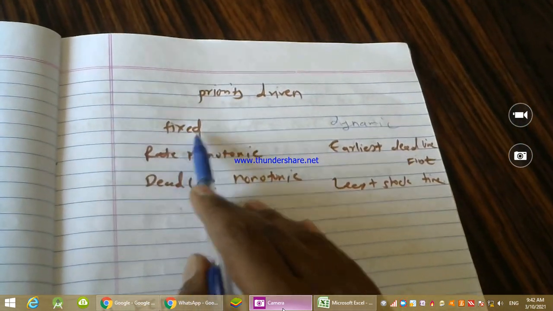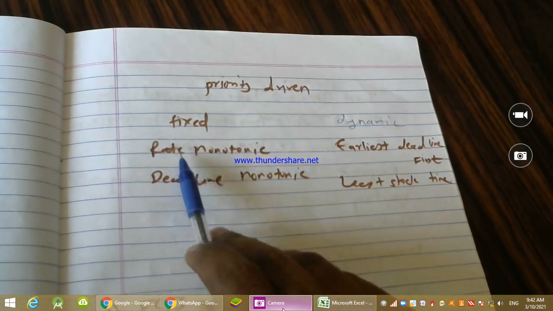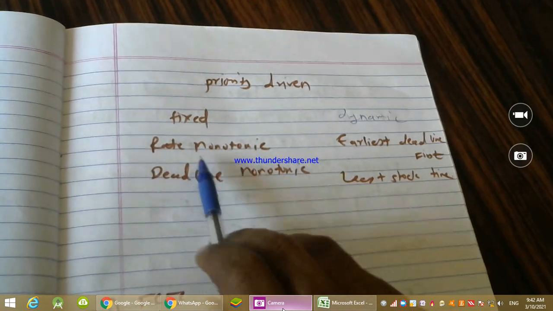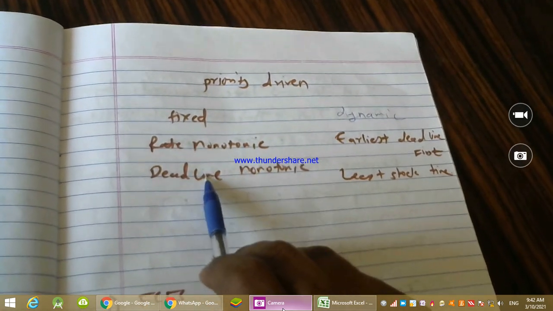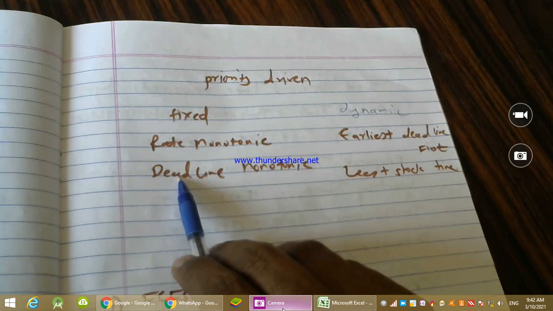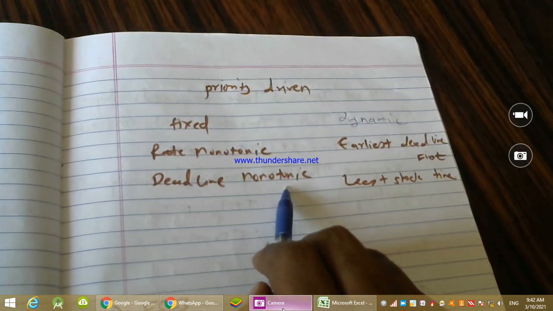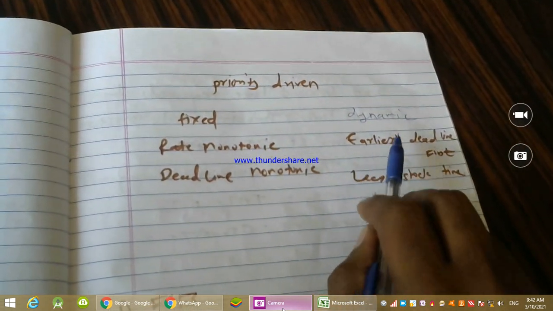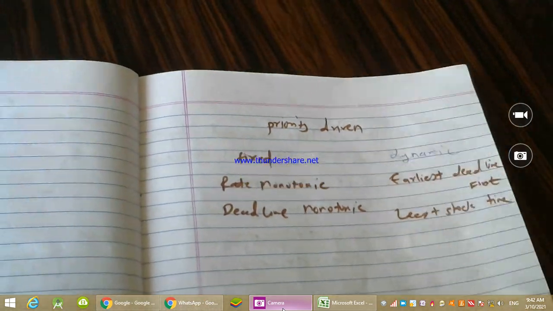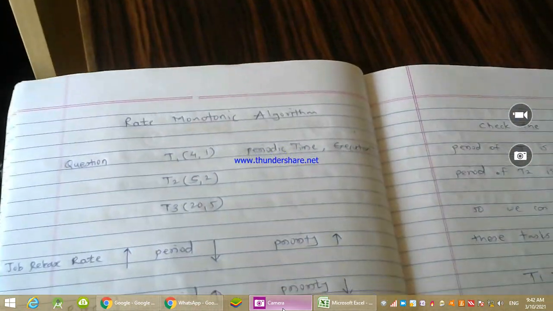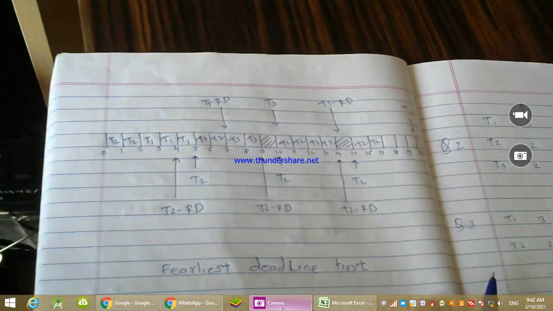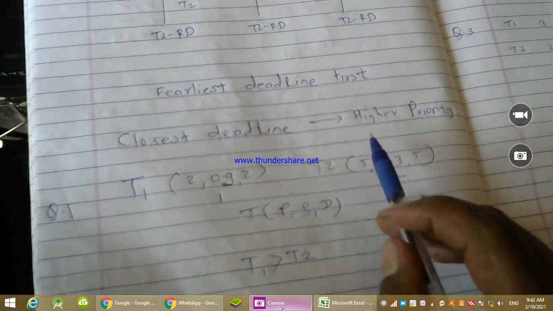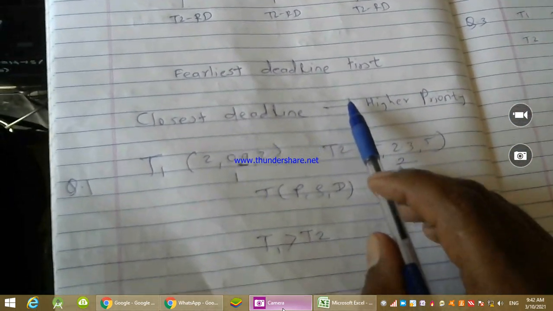There are two types, fixed and dynamic. Under fixed, we have seen rate monotonic and deadline monotonic. And now we are going to see earliest deadline first. So let's understand what exactly it is.